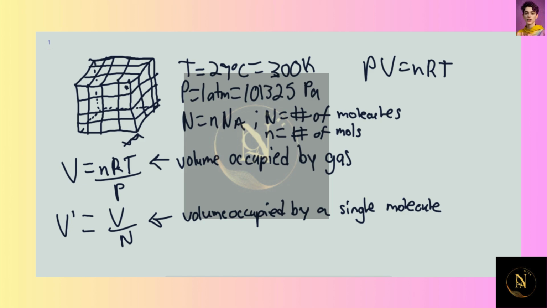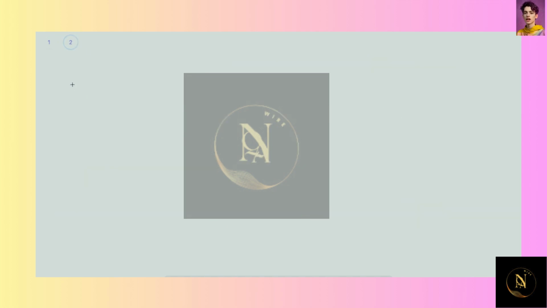At this point, we can plug this equation into this equation. So V prime equals nRT over the pressure times the number of moles times Avogadro's number.